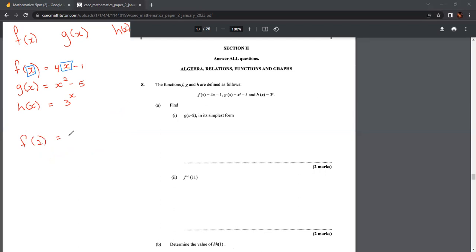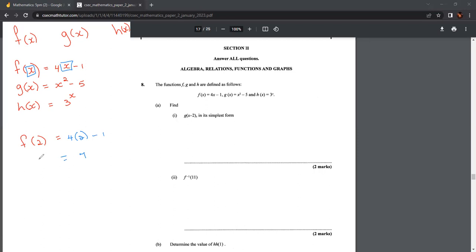So in a case like this, let's say they told us to find f of 2. That will be 4 times 2. Your box is going to act as a bracket, because this is 4 times x. So it'll be 4 times 2 minus 1. So 4 2s are 8 minus 1, that's 7.